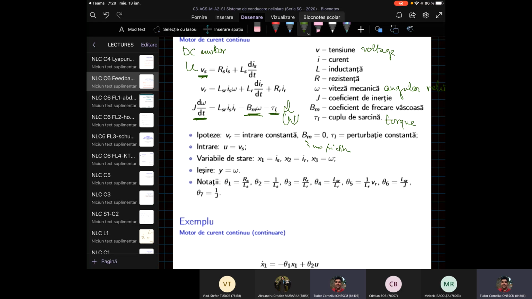The states: X1 is the current, X2 is the current through the resistor, and X3 is omega, the angular speed. The output we need to measure, because that is what we can measure using a speedometer. We can measure the angular velocity. The rest are states because we cannot measure them. We make some notations of the coefficients, so we can have an easier way of understanding these things.